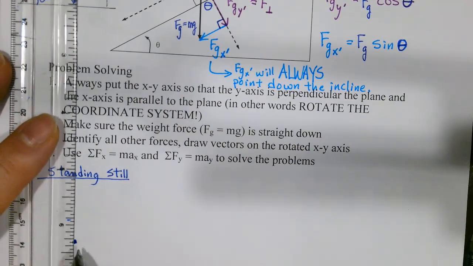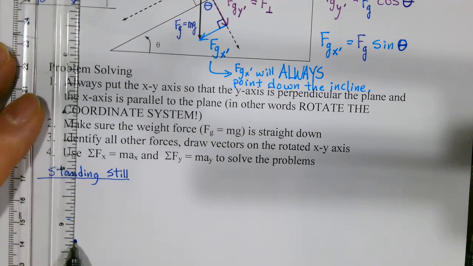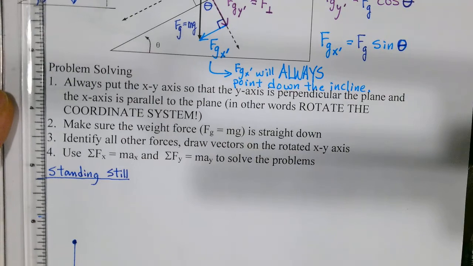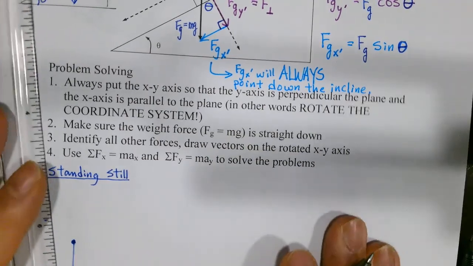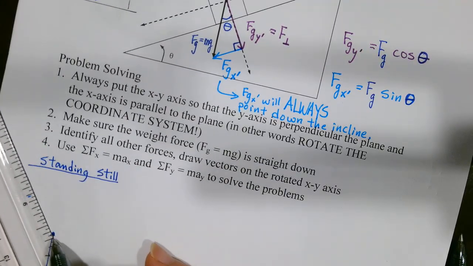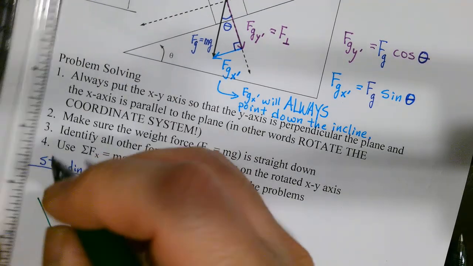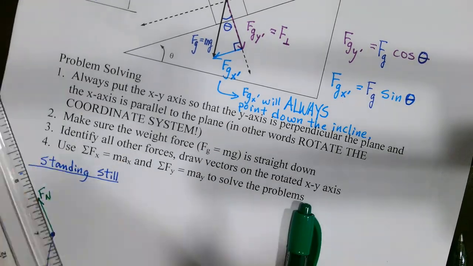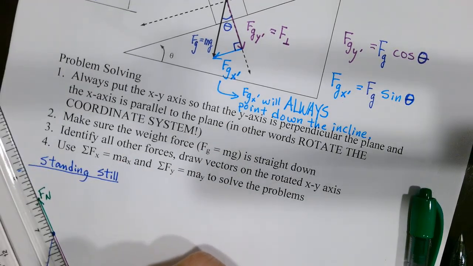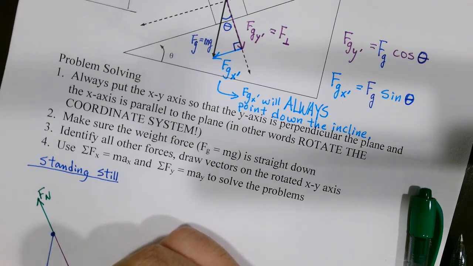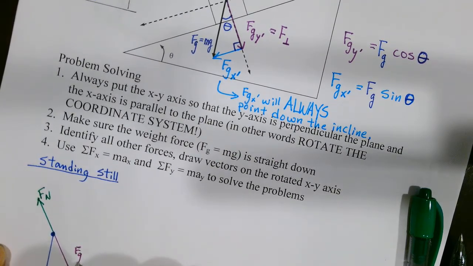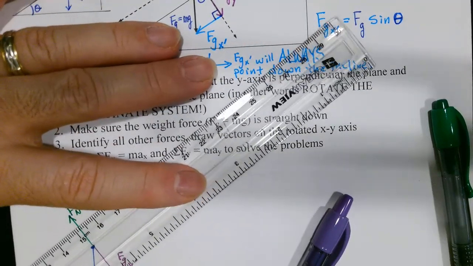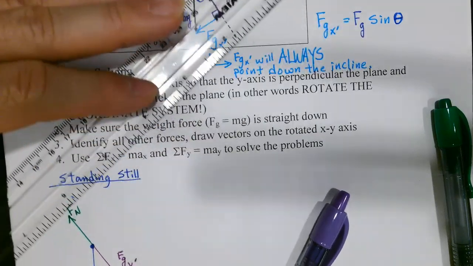Your FG will point straight down. Your F normal will point perpendicular. Right? So here's your F normal. Here's your FGY prime. And here's your, I drew that a little too long, sorry.